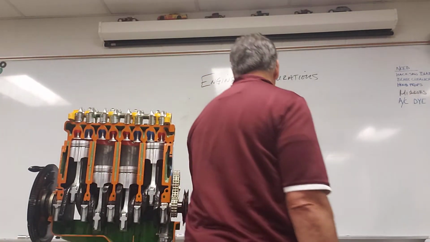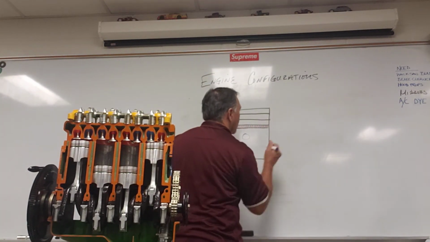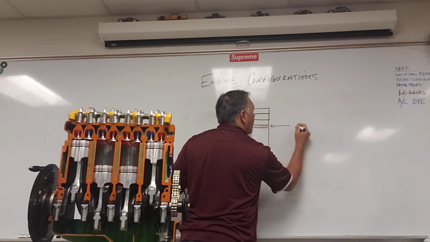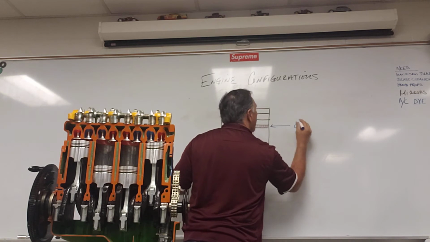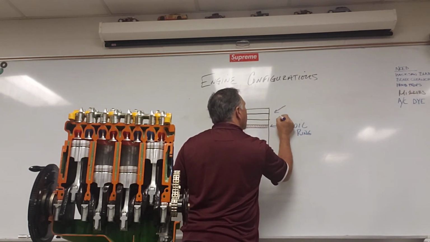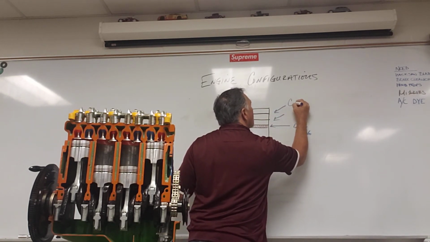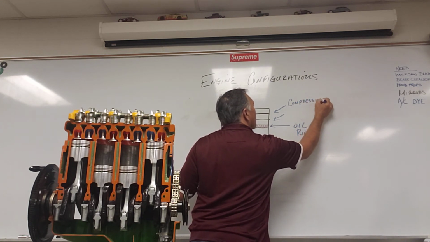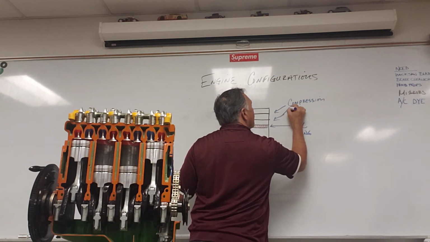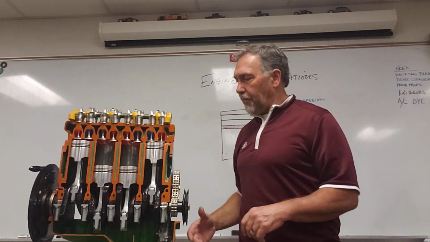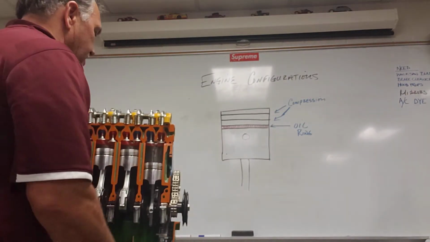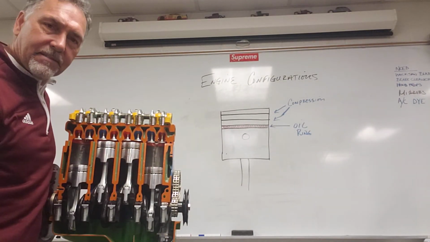The other 2, so let me put on here, the bottom one is the oil ring. Okay, the top 2 piston rings are, if you remember right, compression rings. The compression rings are designed to keep the compression, or that combustion process that's happening inside the cylinder.